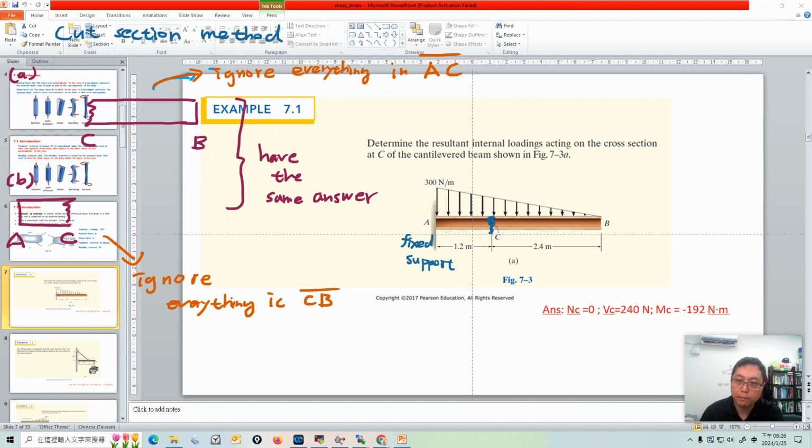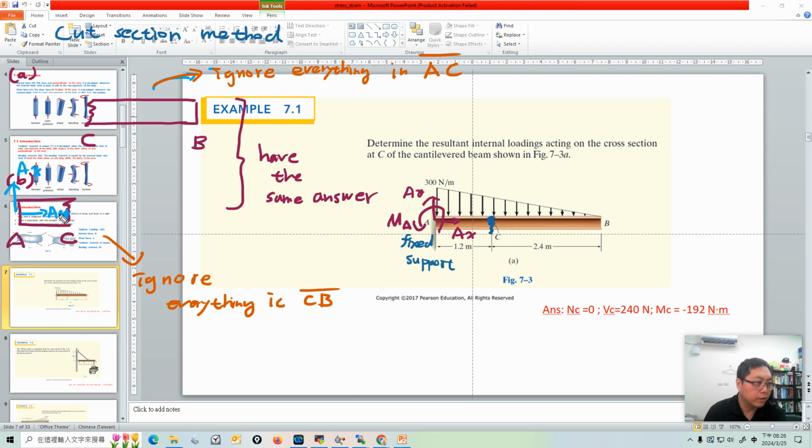If you still remember the support reactions, a fixed support creates reaction forces Ax and Ay, and also a reaction moment. So if you use the AC section to do the calculation, you need to calculate the reaction force at the A point.